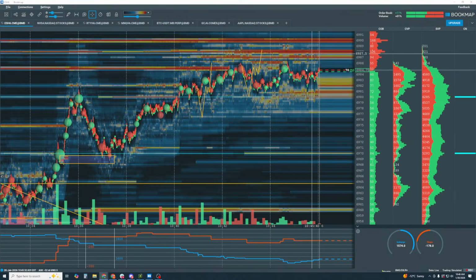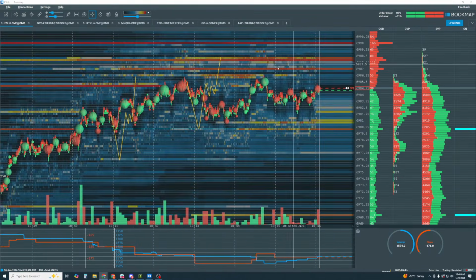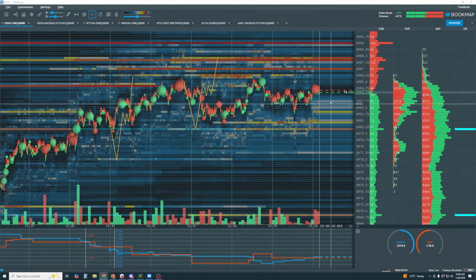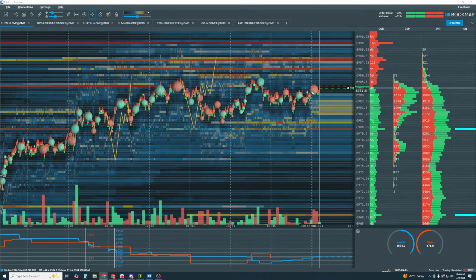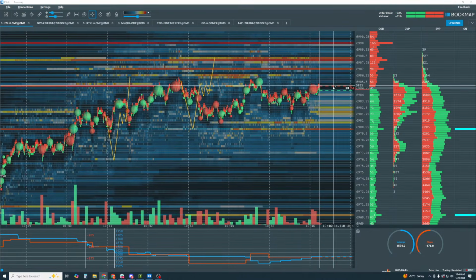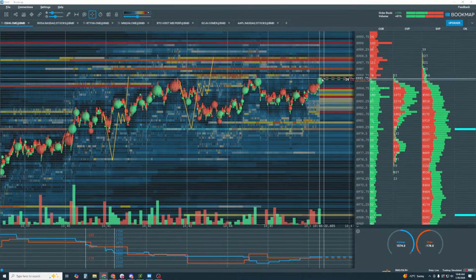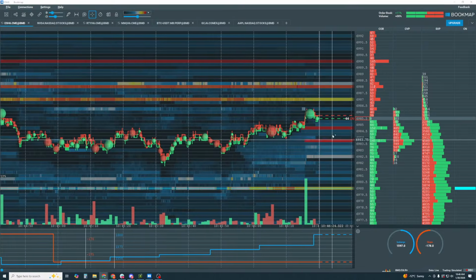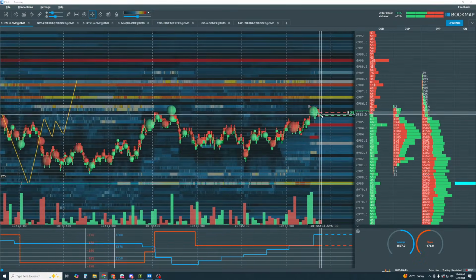The aggressors being the hardest one, I think. Once you see them, it's easy. But look at the bid in here. Bid looks pretty good, but are we getting aggressive buyers? Not yet. Right now we're starting to.